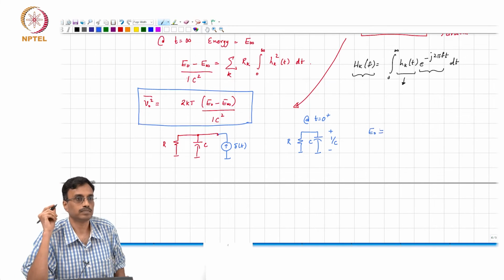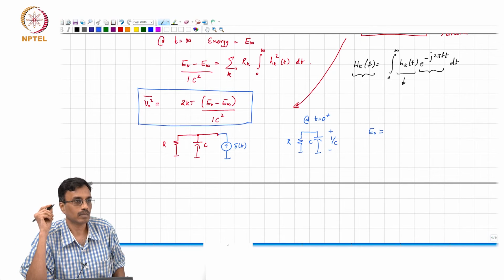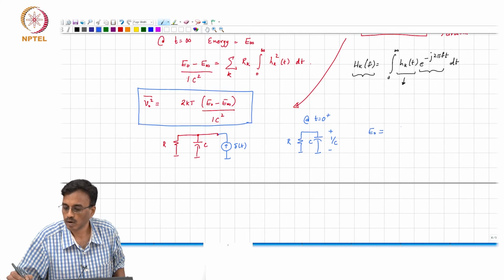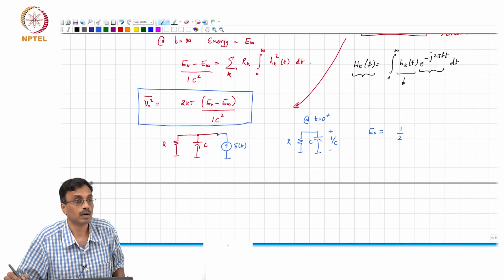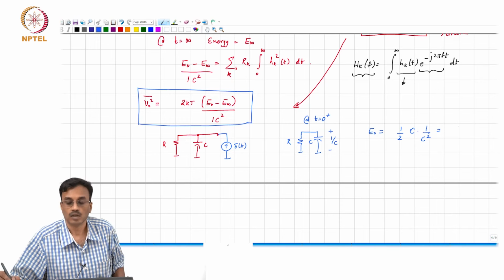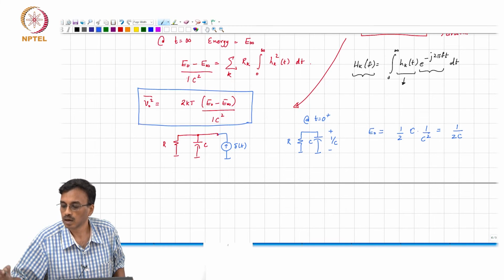So E0 therefore is what? One by 2, half times C times V square, which is 1 by C square, which is 1 by 2C.